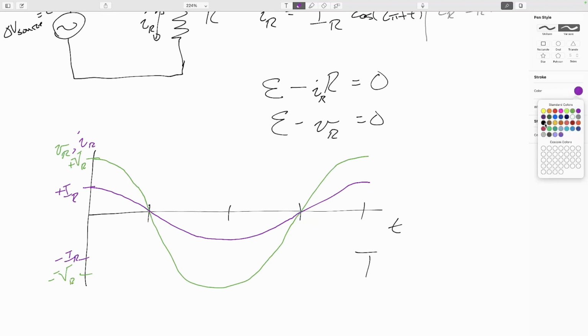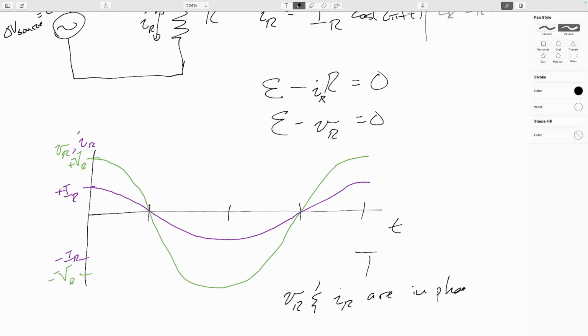Since they're always acting in sync, we say that the instantaneous voltage and the instantaneous current are in phase, which is physics speak for doing the same thing at the same time. We will see that for other devices this won't be true, but it is true for a resistor.